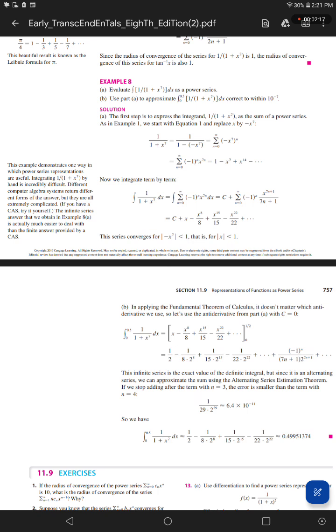A. The first step is to express the integrand, 1 over (1 plus x to the 7th power), as the sum of a power series.